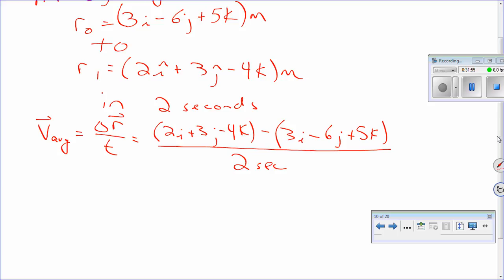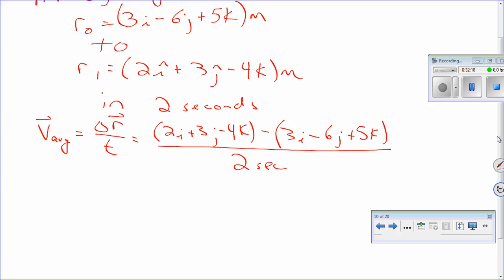So this is a point in space, right? Maybe it lives here, and this is some other point in space that lives here. What I know is during those 2 seconds, I traveled from here to here, right? So this top part of the fraction is giving me the straight line distance between these 2 points.